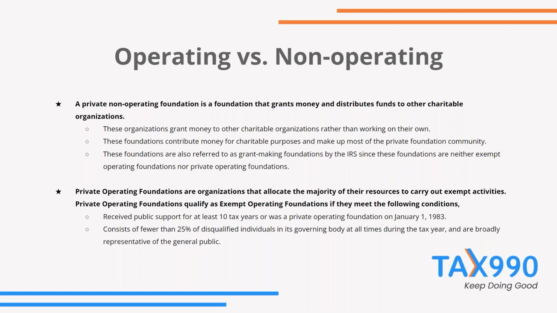So a private non-operating foundation is a foundation that grants money and distributes funds to other charitable organizations rather than working on their own. These foundations contribute money for charitable purposes and make up most of the private foundation community. They're also referred to as grant-making foundations by the IRS, since these foundations are neither exempt operating foundations nor private operating foundations.